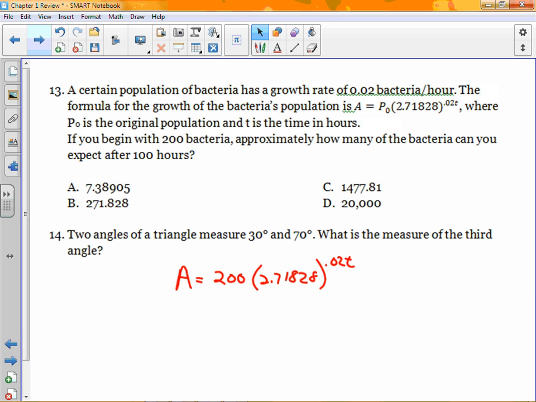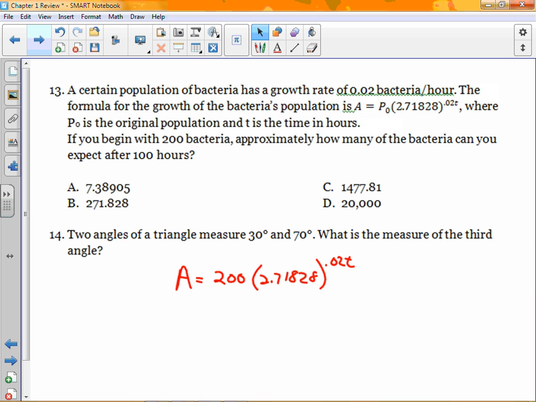And approximately how many can you expect after 100 hours? All we've got to do is plug in 100 right there. So 0.02 times 100 should be 2, shouldn't it? So 200 times 2.27, is it B? 200 times 2.27, no, it's going to be bigger than that.